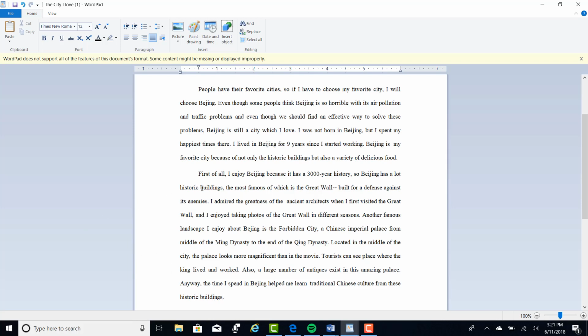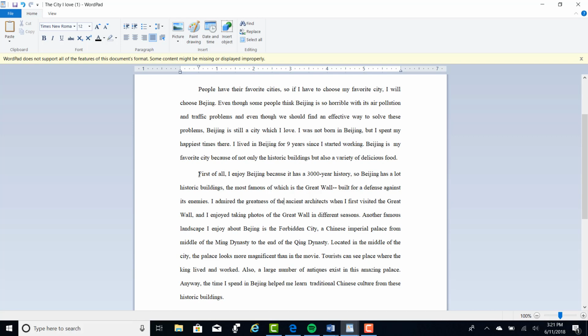So let's take a look at this paragraph one more time. So first of all, I enjoy Beijing because it has a 3,000-year history. So Beijing has a lot of historic buildings, the most famous of which is the Great Wall, built for defense against its enemies. I admired the greatness of these ancient artifacts when I first visited the Great Wall, and I enjoyed taking photos of the Great Wall in different seasons.